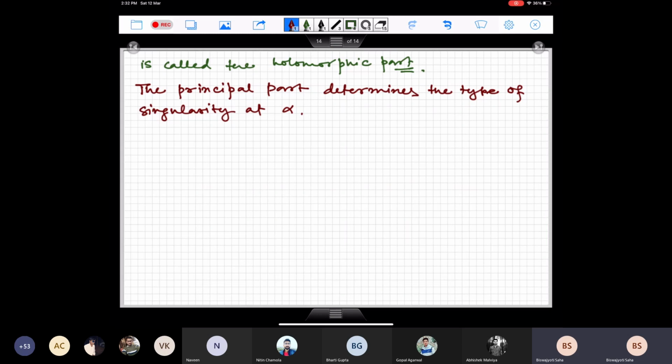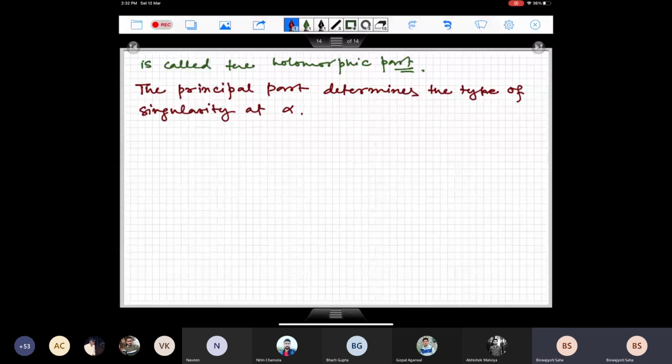If you think of a polar singularity, then the principal part is going to be finite. And in case of an essential singularity, exactly like what we saw for the exponential of 1 over z, we will have infinitely many terms in the principal part. Those infinitely many terms dictate the behavior and make it so random.